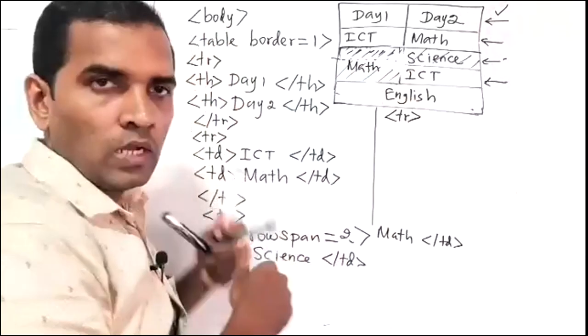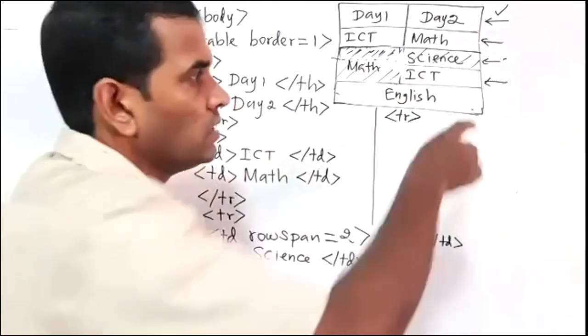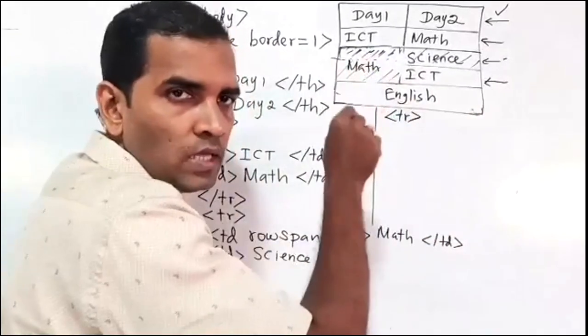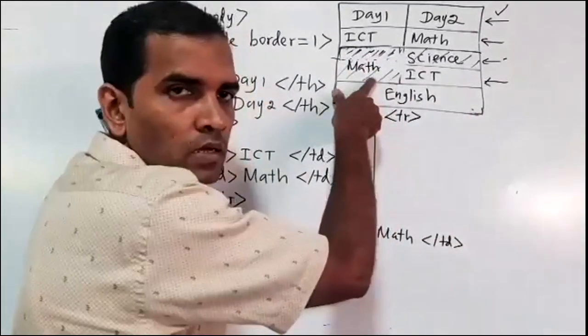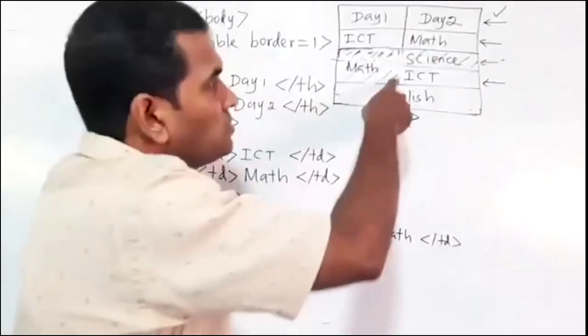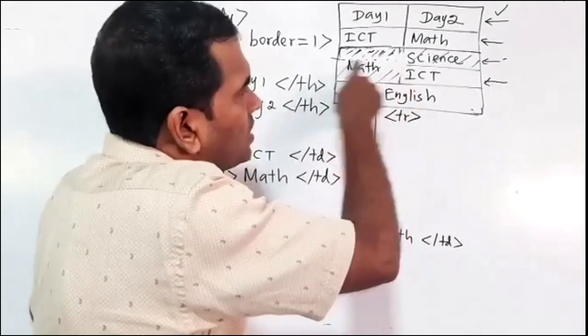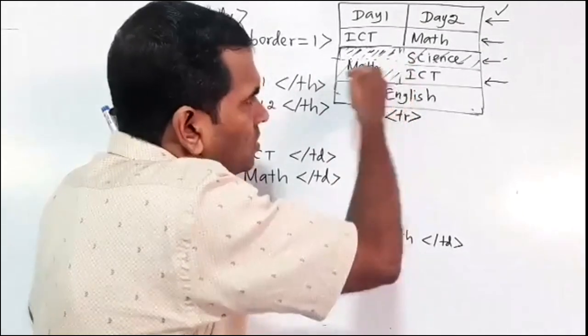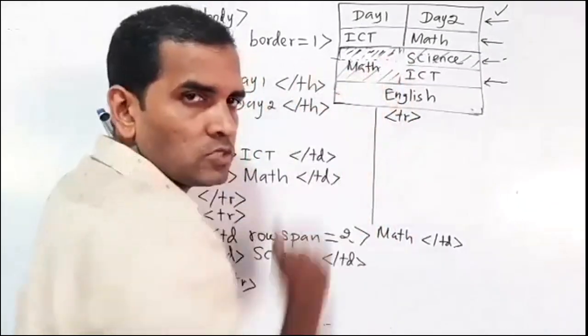As usual, we have to create the first cell in the row now. What is the first cell in the row? This highlighted part, not the top one, right? Because that top one belongs to the third row. There is a dotted line here. Below that dotted line, you have that cell, right? That has to be created.